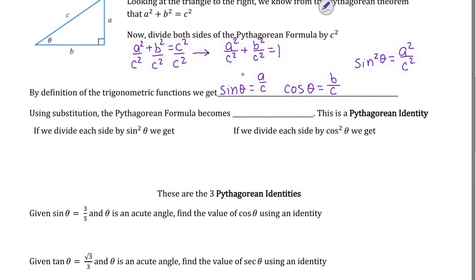And the same holds true for cosine. So what that gives us is sine squared theta plus cosine squared theta equals 1. And that is, as we can see there, our Pythagorean identity.